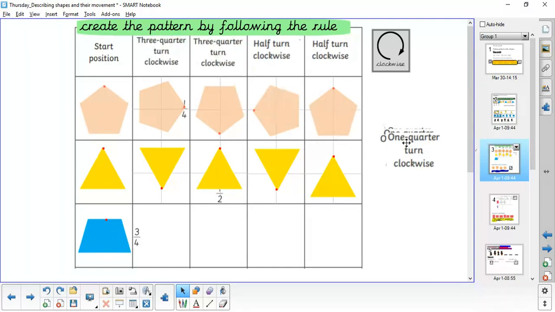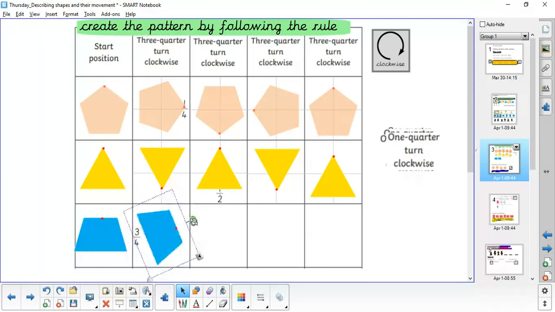Okay. This one is actually very tricky. Let's have a go at doing this one here. It's to create the pattern by following the rule. Okay, so I have my first trapezium shape here, and it's asking me to make a 3/4 turn clockwise. Okay, so that's 1/4, 2 quarters, 3/4 turn.